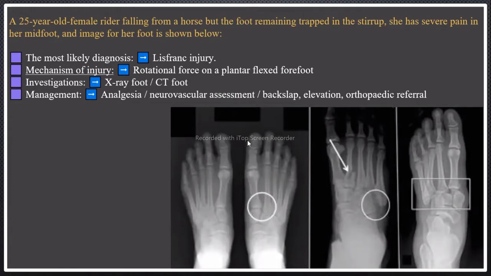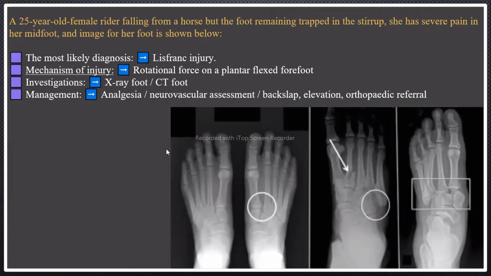Our chapter today is non-traumatic. So you have two mechanisms of injury. Maybe trauma, so something heavy fell on the foot. Of course, it will cause trauma. But today our chapter is non-traumatic, musculoskeletal non-traumatic.